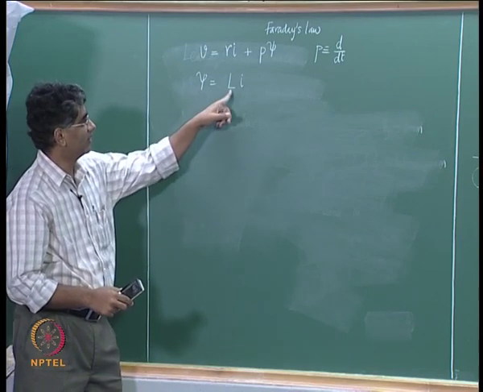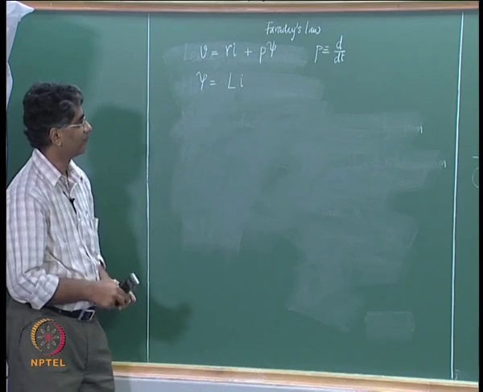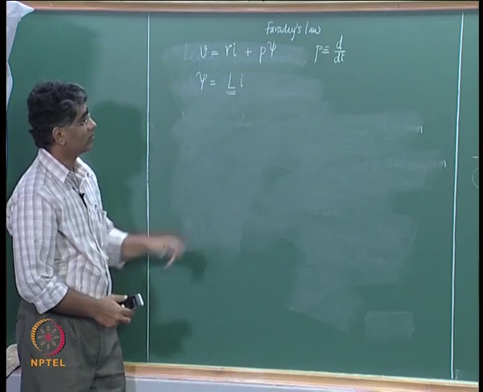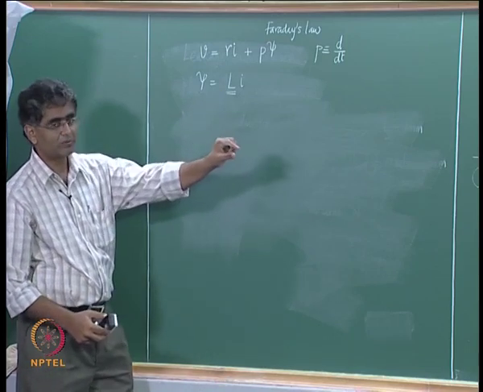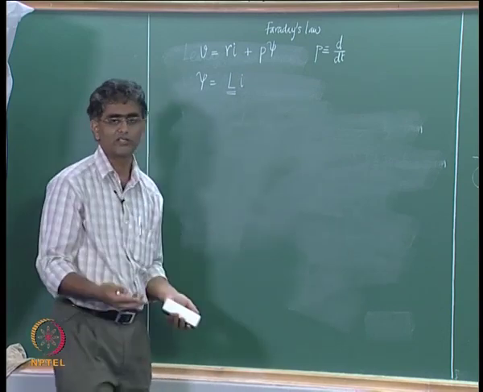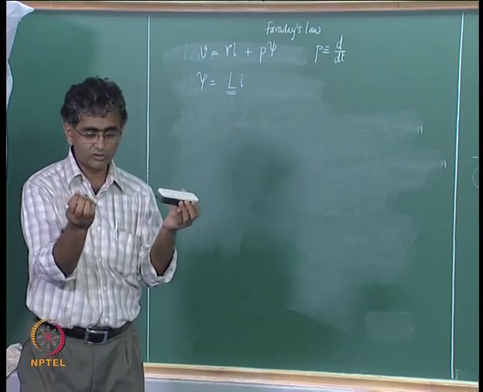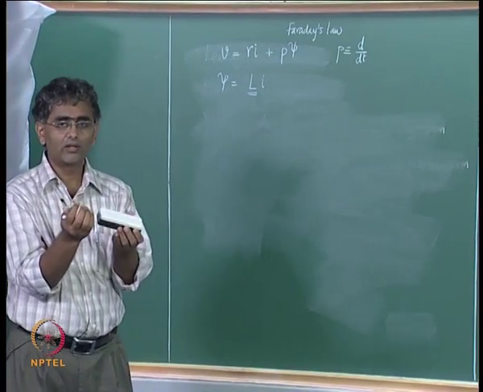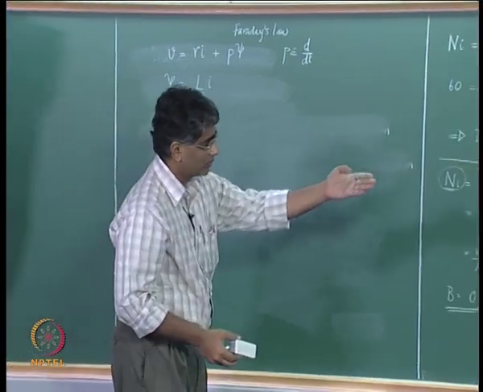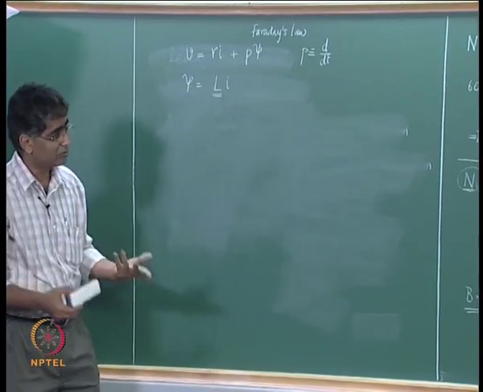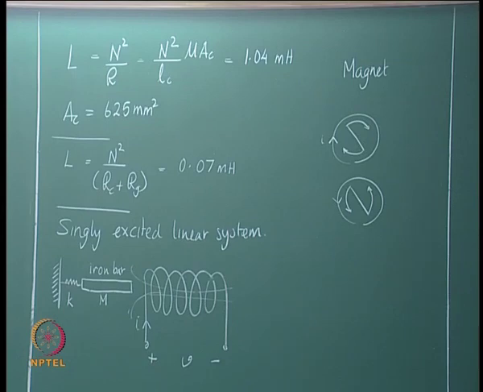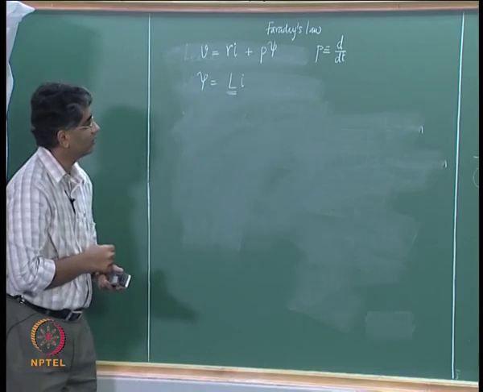Psi is given by inductance multiplied by I. Inductance is going to depend now on where this bar is. If you place the iron bar far away from the wire loop, it would display some inductance, but as the bar approaches closer and closer to the wire loop, then the inductance will change. Inductance is likely to increase because the bar is now in the vicinity and the reluctances experienced by the loop will be smaller. So you have L into I.